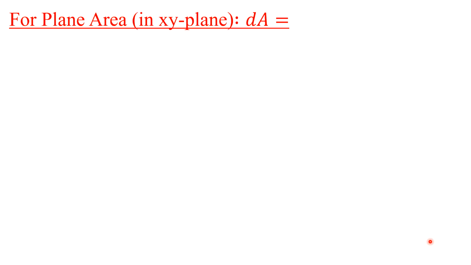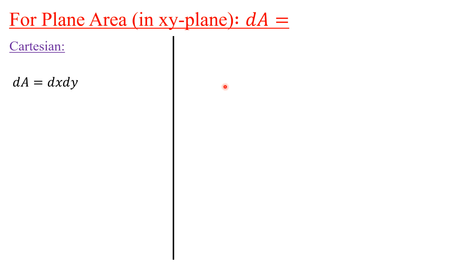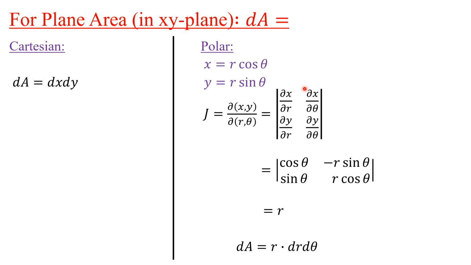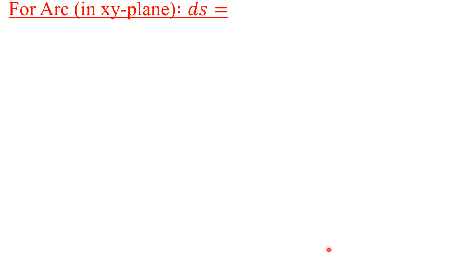For plane area, we have to find dA, that is the area element. For Cartesian coordinates, dA is dx into dy, and for polar coordinates, dA is r into dr into d theta.